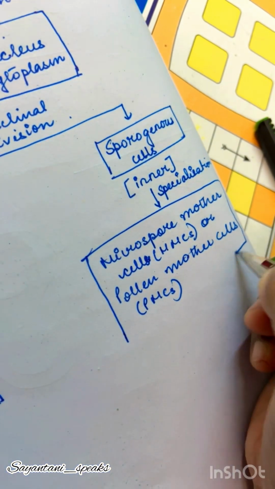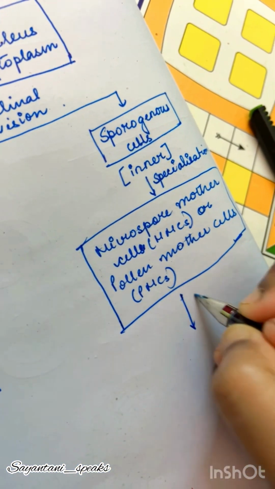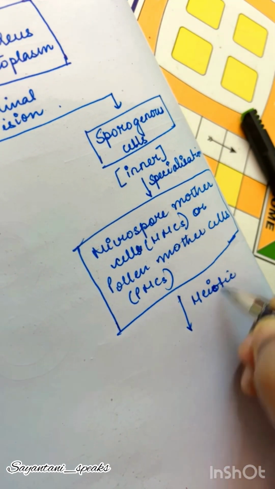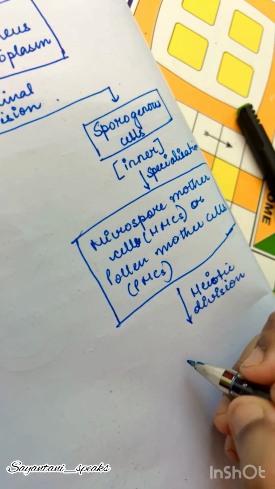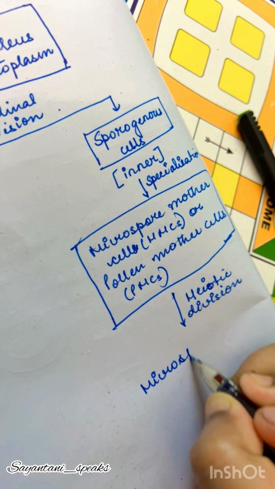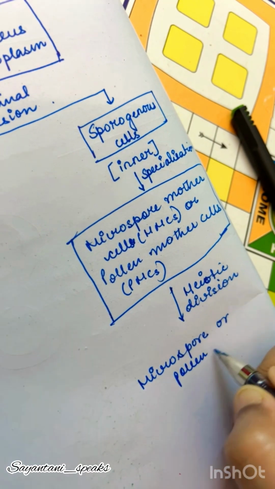This microspore mother cell or pollen mother cell undergoes meiotic division. And they form the microspores or the pollen grains, which form a tetrad.